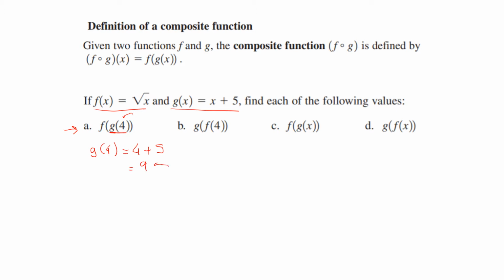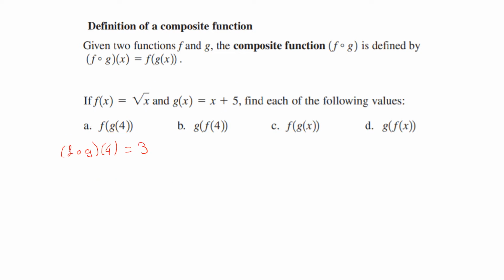Now I can plug 9 into f, and I don't have to deal with the whole equation. So I'm trying to find f(9), and I know f is root x, so that's root 9, which is 3.